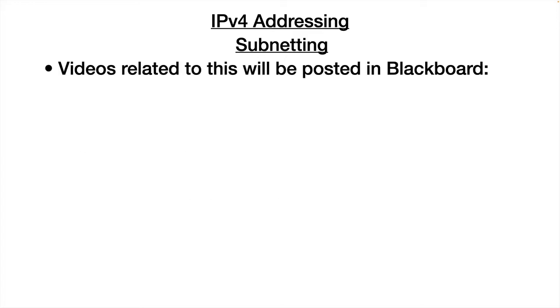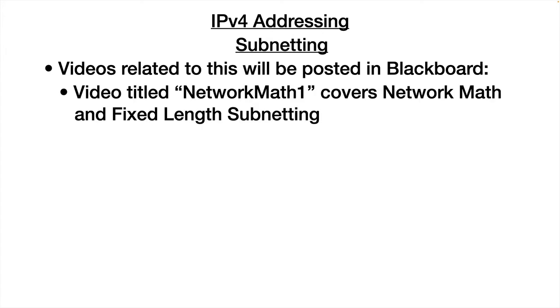I've done a lot of videos related to this for 161. There will be one entitled Network Math, which covers network math and fixed length subnetting. When I say network math, most of the problems of that type are related to, given this subnet mask, how many host addresses will you have.